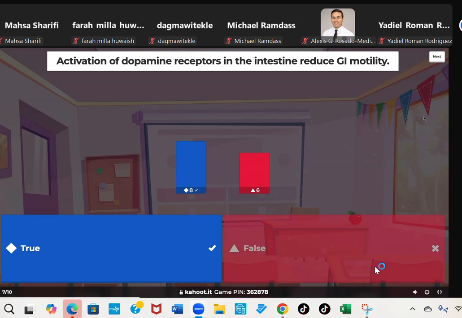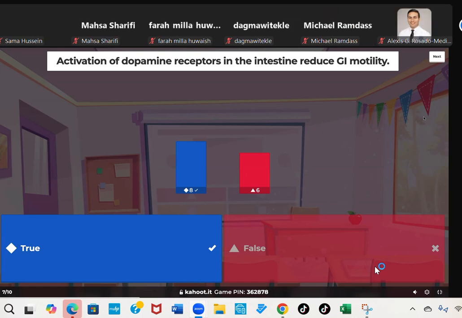Notice that dopamine release binding to D2 receptors on those acetylcholine-releasing neurons is going to reduce acetylcholine release, and that's going to reduce GI motility. So again, that is all interplay, and those are pharmacology thinking questions.